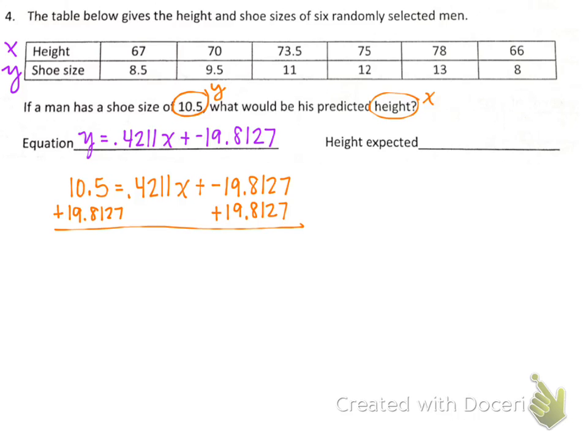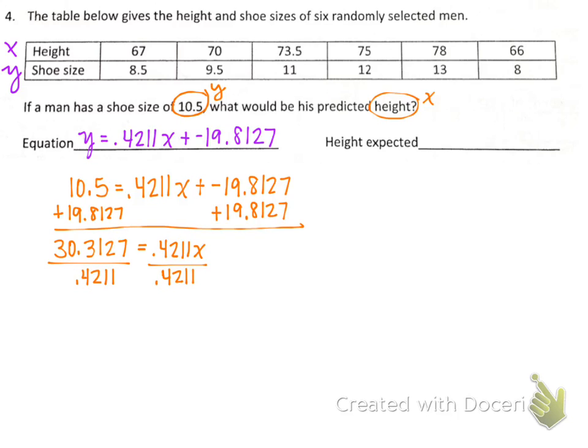And we get 30.3127, and that's still equal to 0.4211x. Then we divide by 0.4211 on both sides.